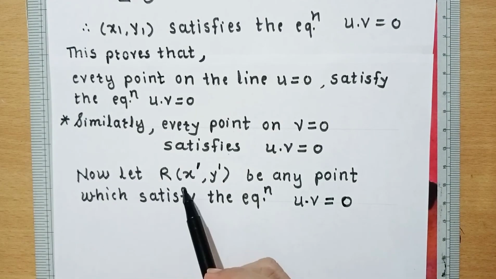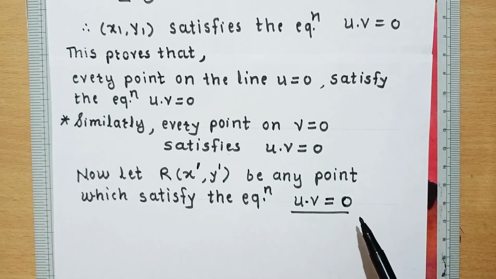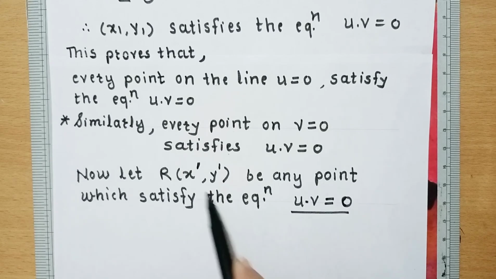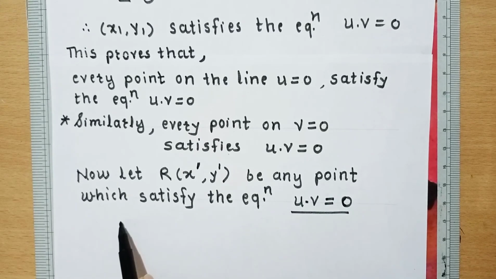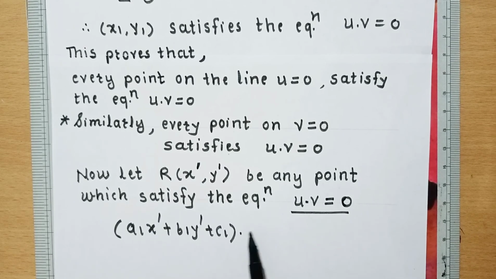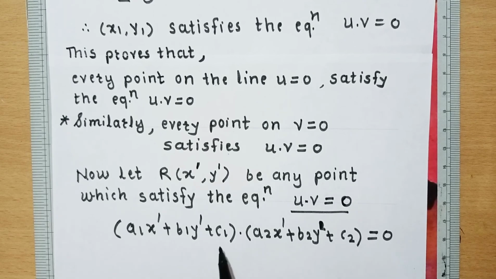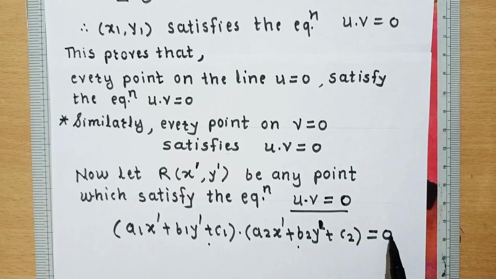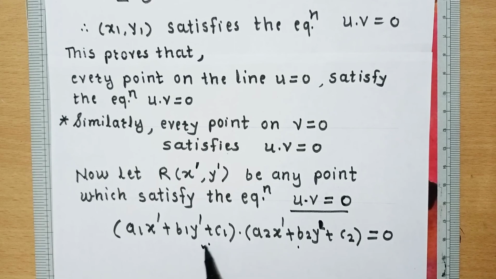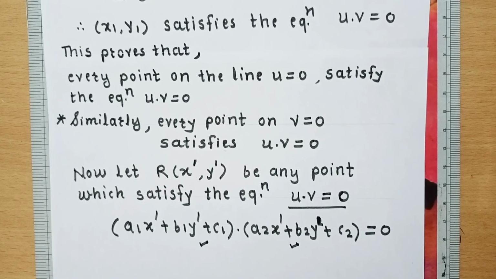Now let R(x', y') be any point which satisfies the equation u dot v equal to 0. So we will substitute this point here. We have (a1x' plus b1y' plus c1)(a2x' plus b2y' plus c2) equal to 0. Now the product of two brackets is equal to 0, that means either the first bracket is equal to 0 or the second bracket is equal to 0.